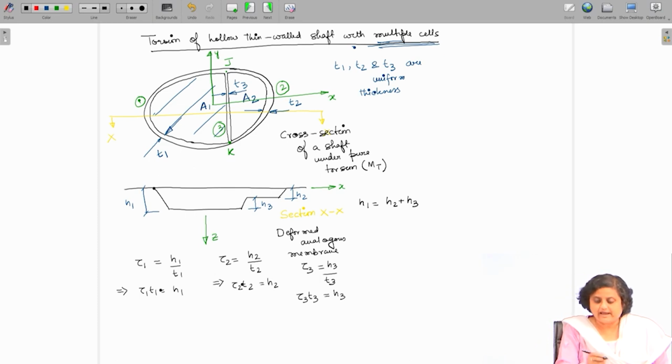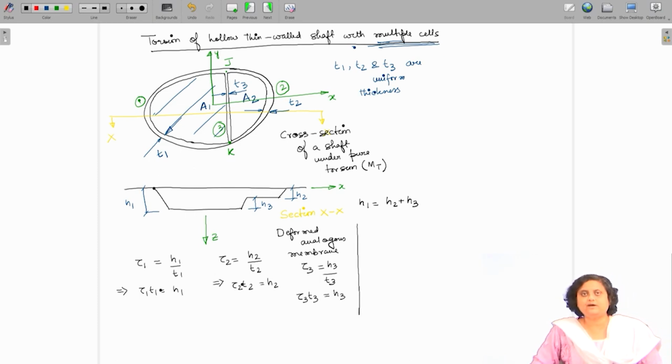Now, since we have all these three relations between the shear stress, the thickness of the portion and the depth or height of the deformed membrane, we can say that H1 is equal to H2 plus H3 from geometry. Therefore, this can be written as tau 1 T1 is equal to tau 2 T2 plus tau 3 T3.